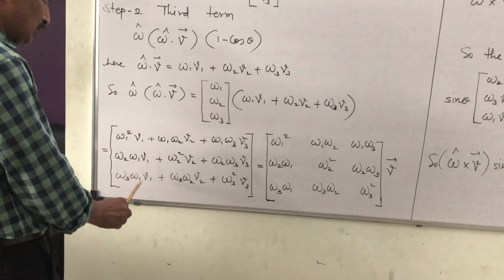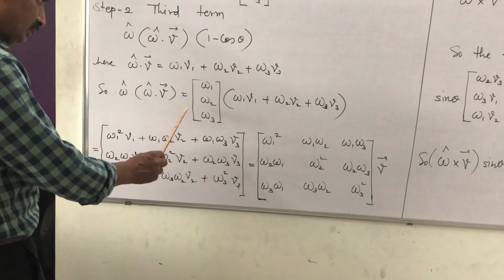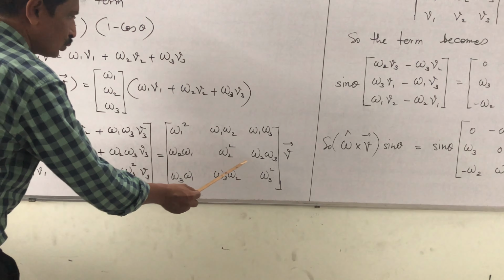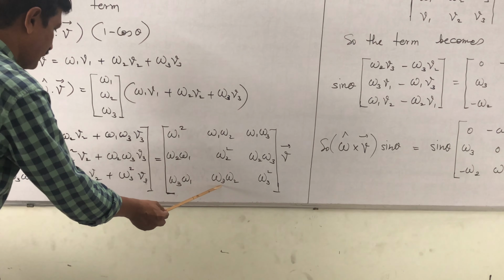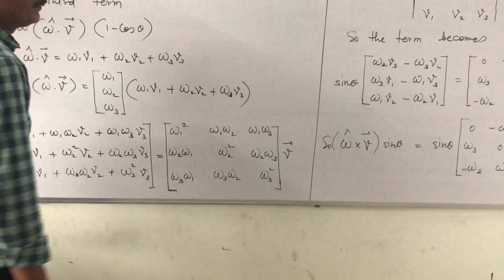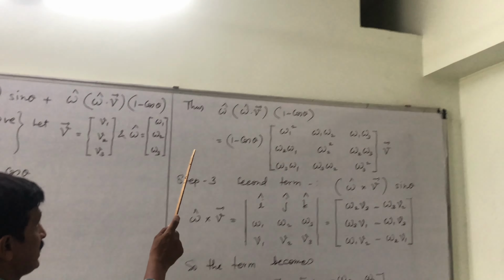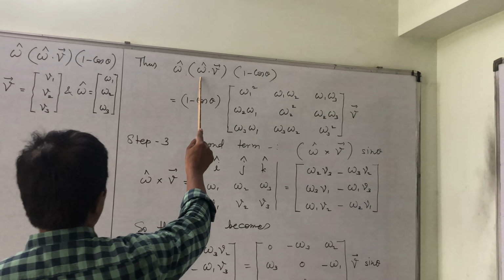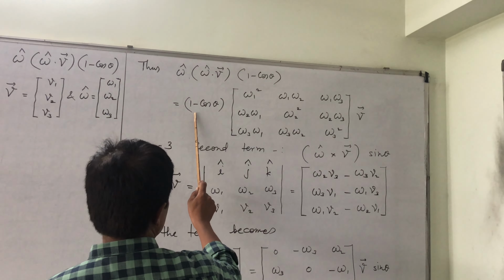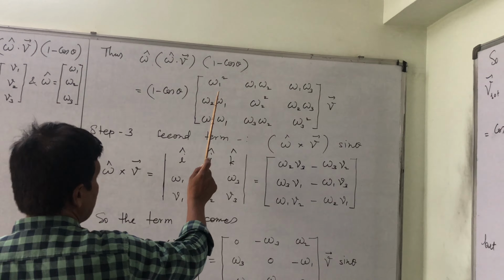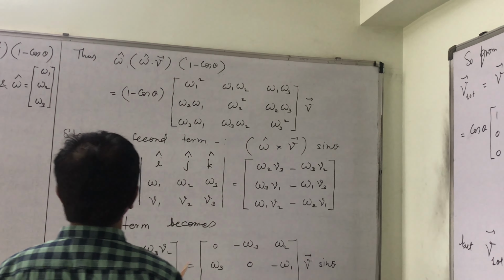Separating V, we can write it from the matrix point of view: omega 1 square, omega 1 omega 2, omega 1 omega 3; omega 2 omega 1, omega 2 square, omega 2 omega 3; omega 3 omega 1, omega 3 omega 2, omega 3 square, into V. Thus omega cap into omega cap dot V into 1 minus cos theta, with 1 minus cos theta as it is, and for this we have obtained this. So this is the same.